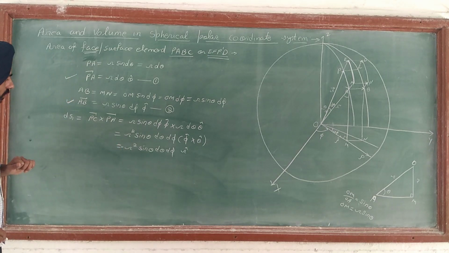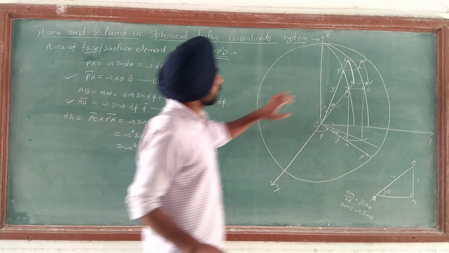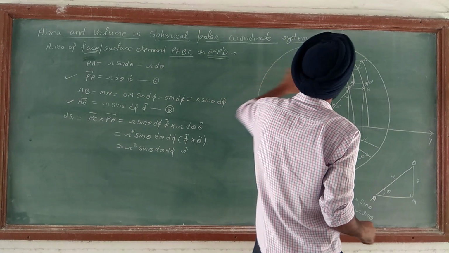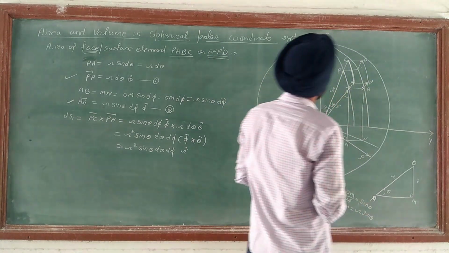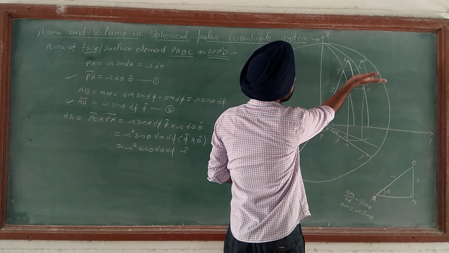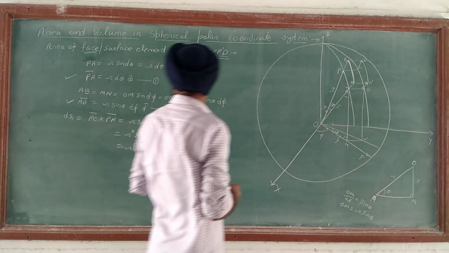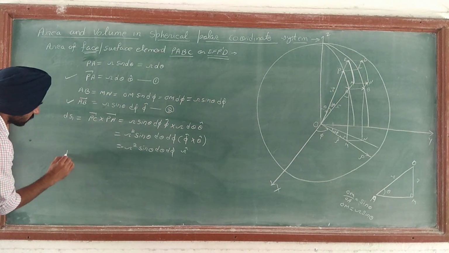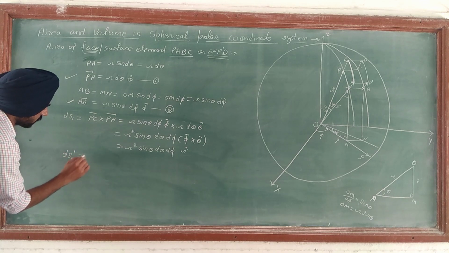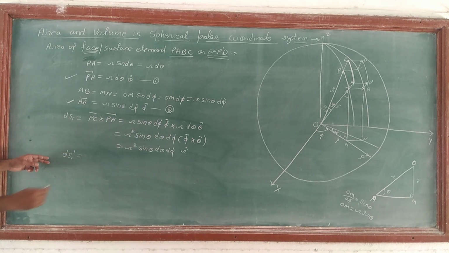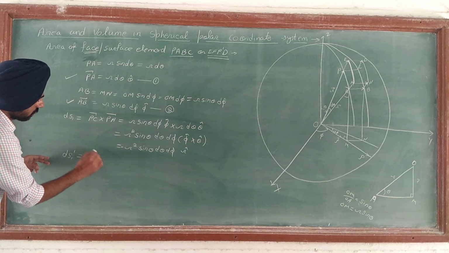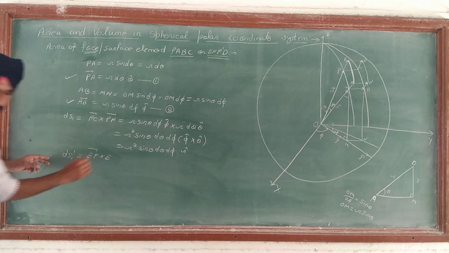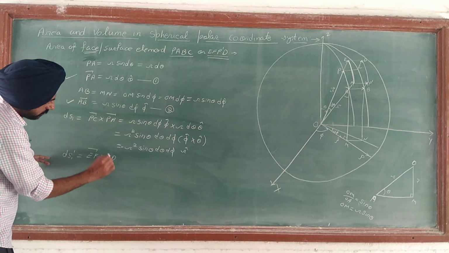Next, the area of this face EFP'D should be chosen in such a way that it points outward from the surface. Let us denote this area vector as dS1'. So dS1' is EF cross ED.